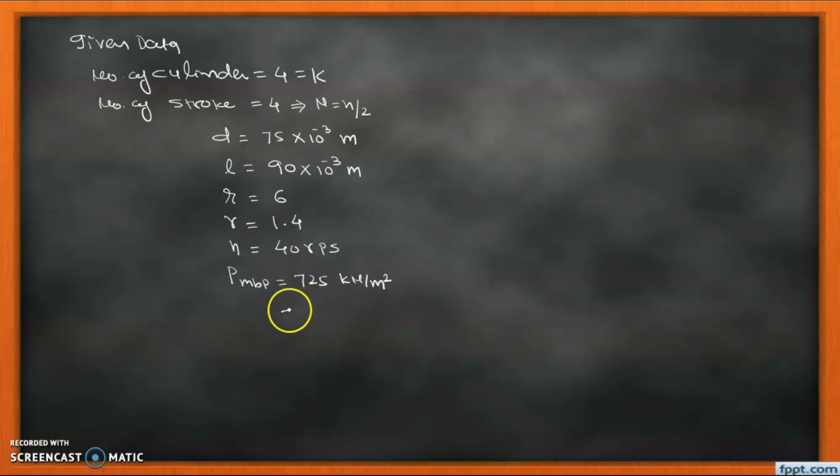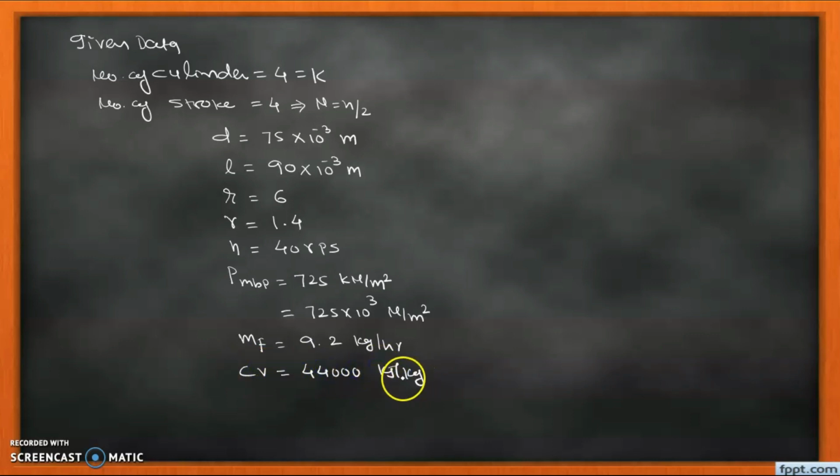We need to convert this into newton per meter square, so we multiply it by 10 to the power 3. Then the mass flow rate of the fuel is 9.2 kg per hour, and the calorific value of the fuel is 44,000 kilojoule per kg.